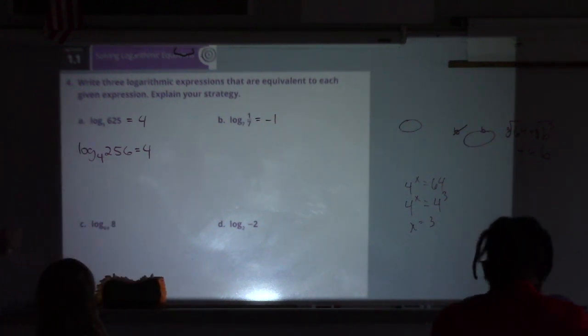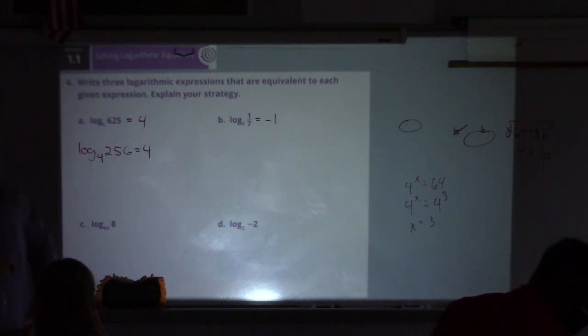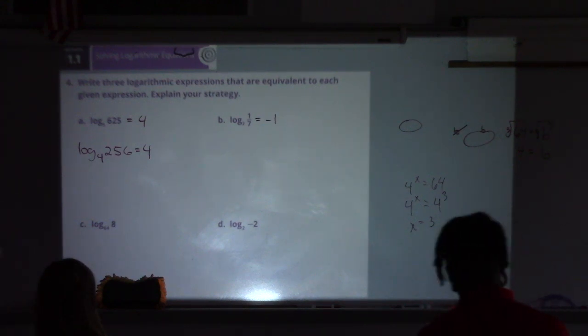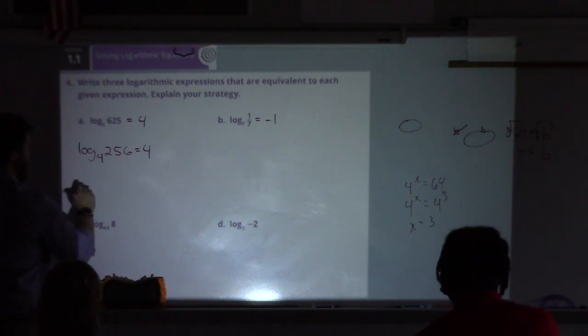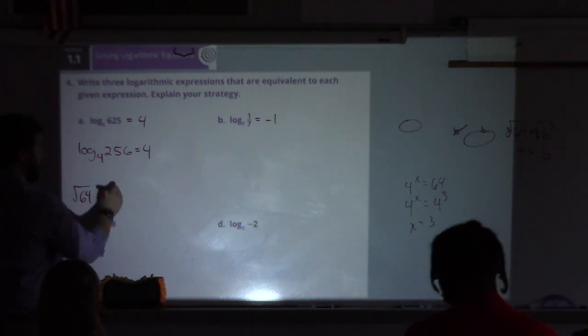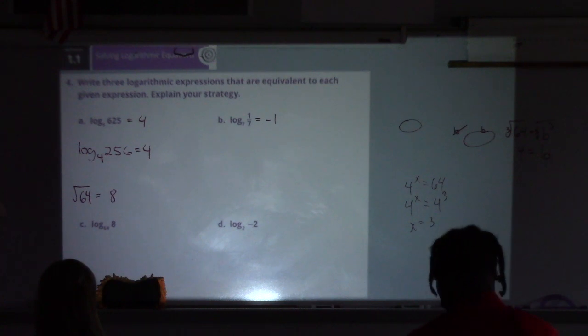So remember, this is actually something we haven't dealt heavily with this year, but we talked about for a decent bit yesterday. Does anyone remember an operation that I can do to 64 to get it to 8? Come on, you're about to say it. Okay, the square root of 64 equals 8. And so we need to remember, we talked through yesterday, how to write that as an exponent.